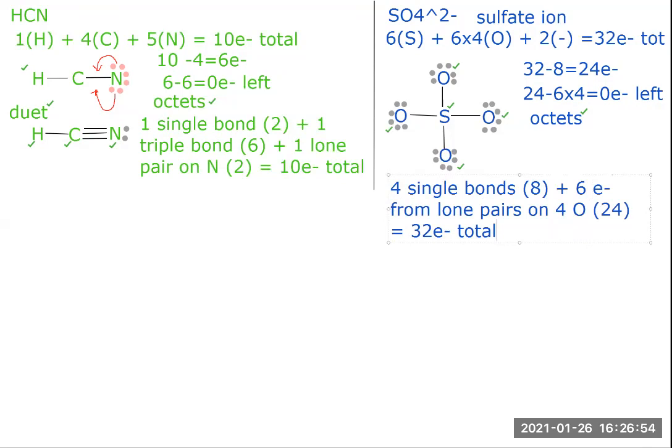Because this is an ion, right? This is a polyatomic ion, and in particular a negative ion, but we also do that for positive ions when we are doing Lewis structures. We do what we call brackets.